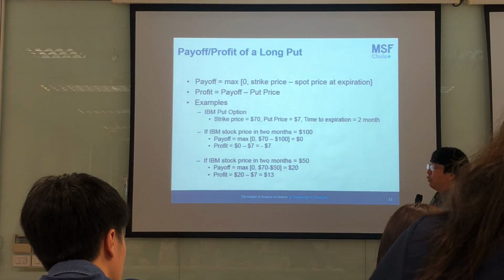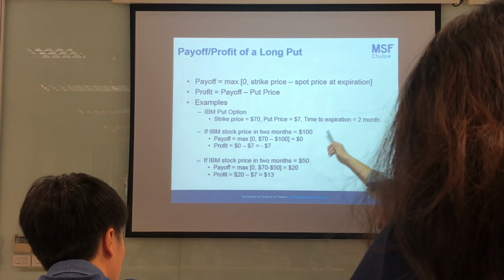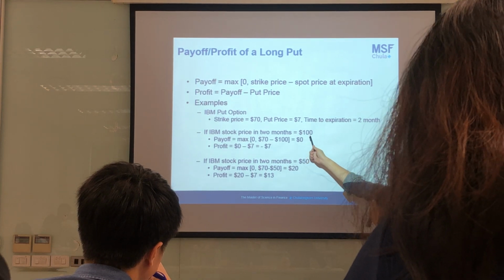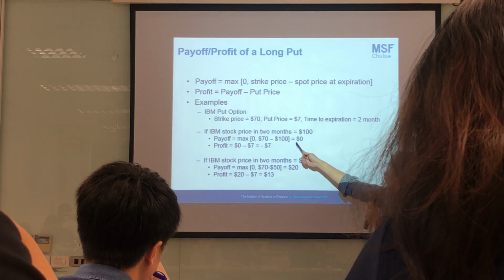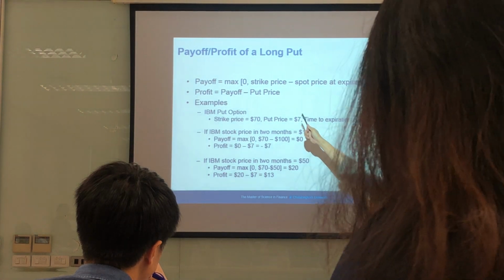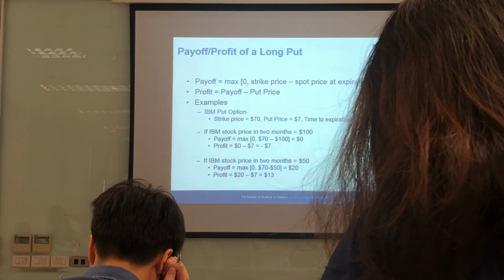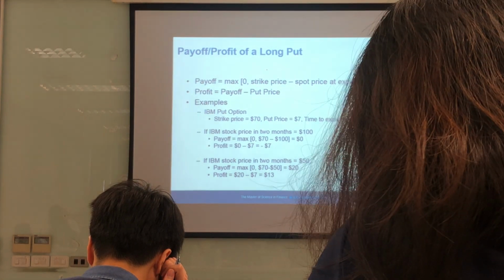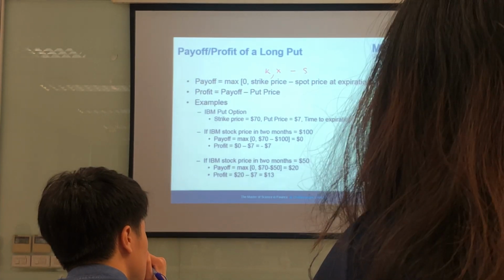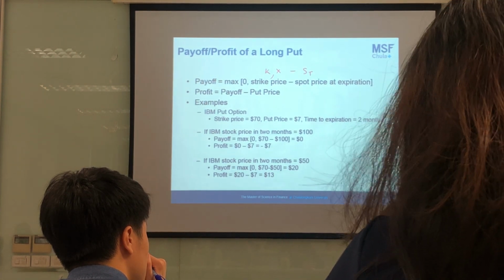So today you pay $7 to get one put option. Two months later, suppose that the IBM stock price equals 100. In this case, the payoff would be 0. Go back to look at the formula for the payoff. It's the maximum value between 0 and the strike price, sometimes we use K, sometimes X, minus the underlying value at expiration.